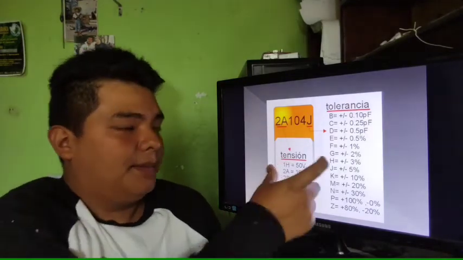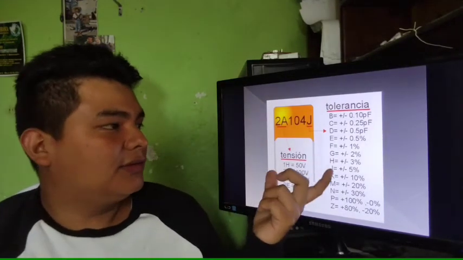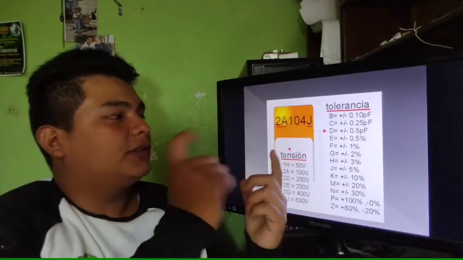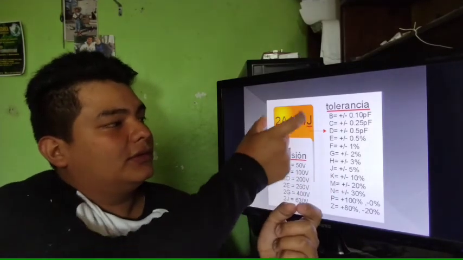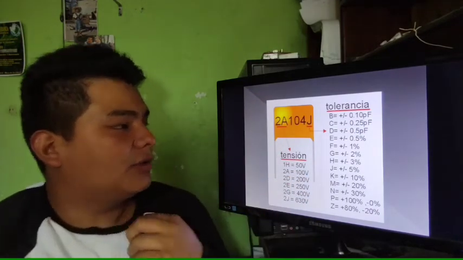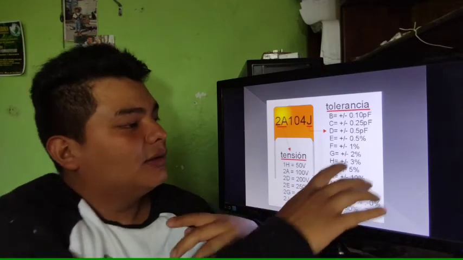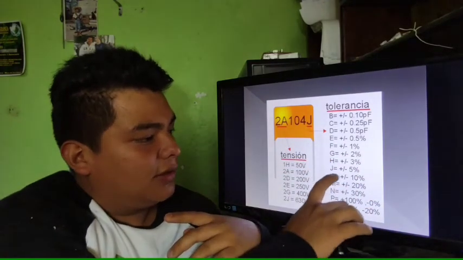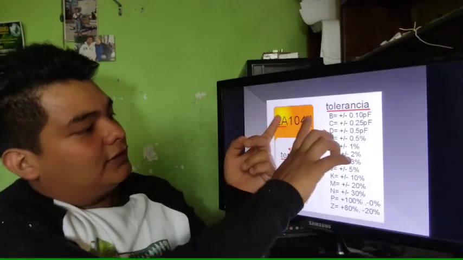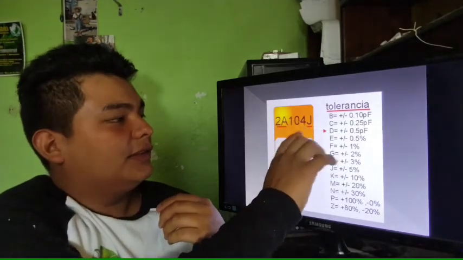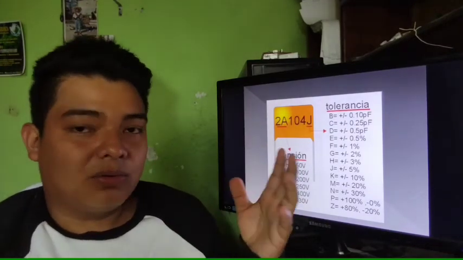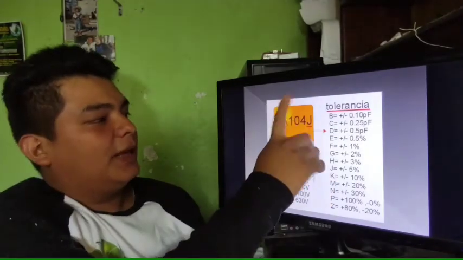But in these types of capacitors, a code is printed, because in one code, for example, 2A equals 100 volts, and the tolerance J is 5% tolerance.